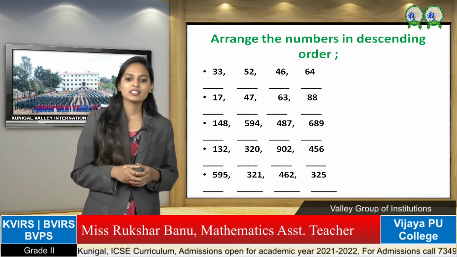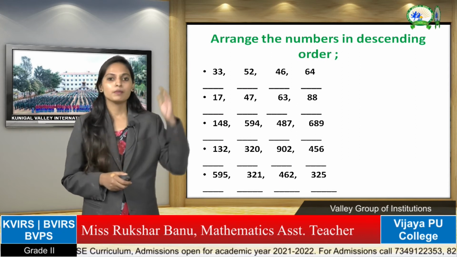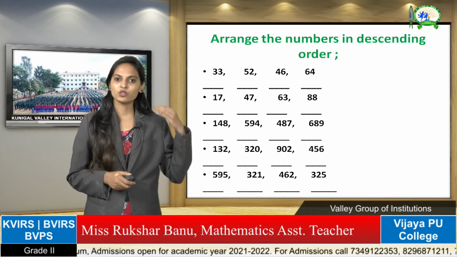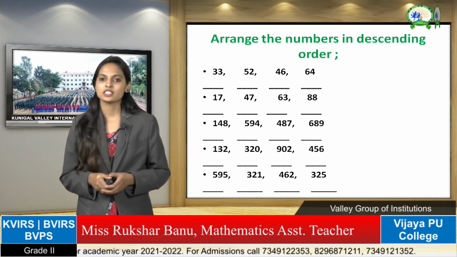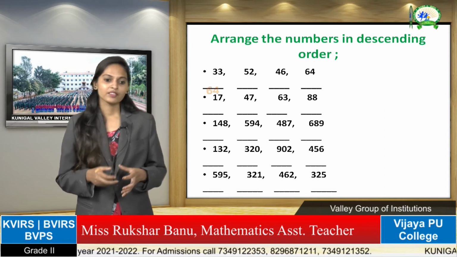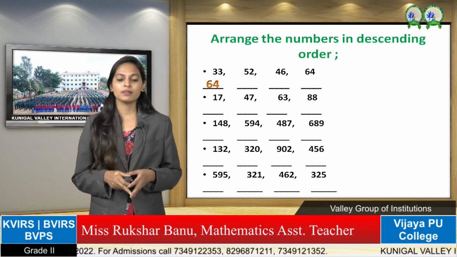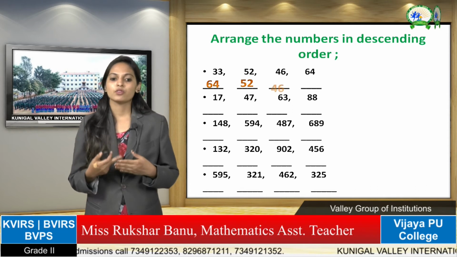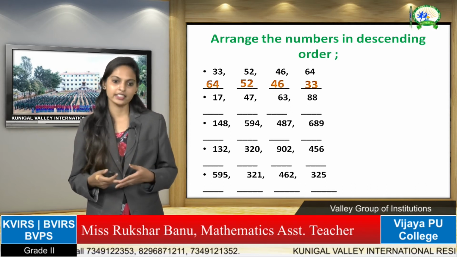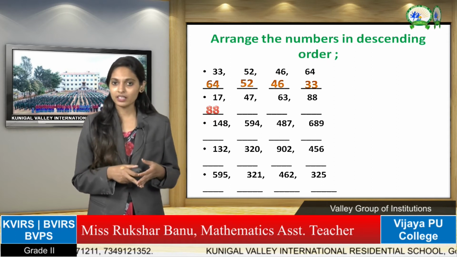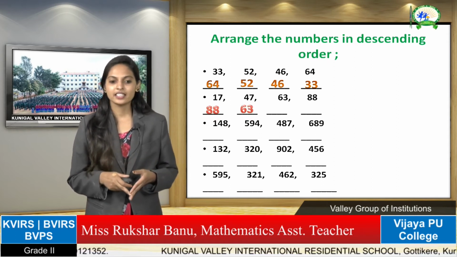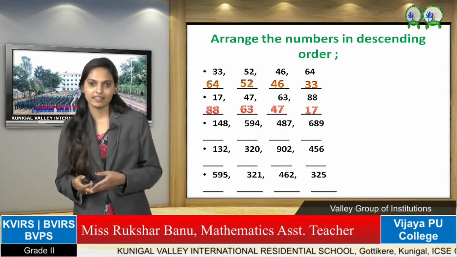Next one, arrange the numbers in descending order, means big number to small number. First we have to write the big number. 33, 52, 46 and 64. Which one is the big number? Yes, 64 is the big number, next 52, next 46, next 33. Like this you have to write. Next one, 88, 63, 47 and 17.